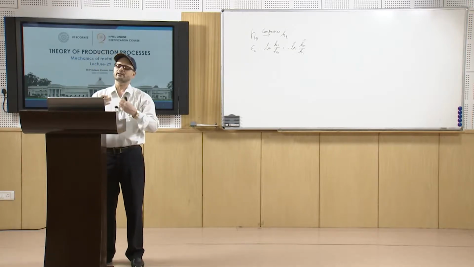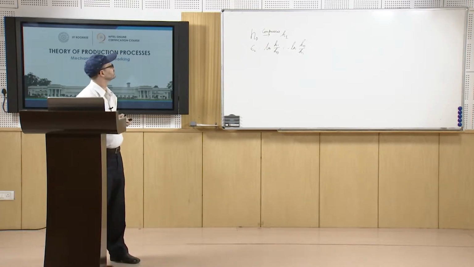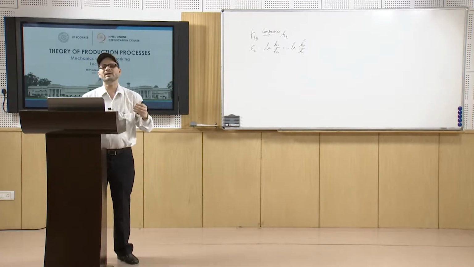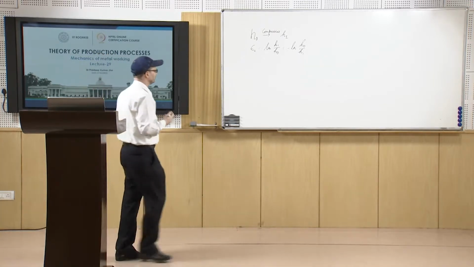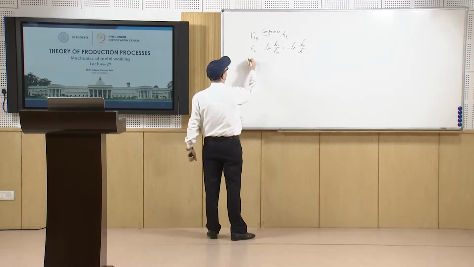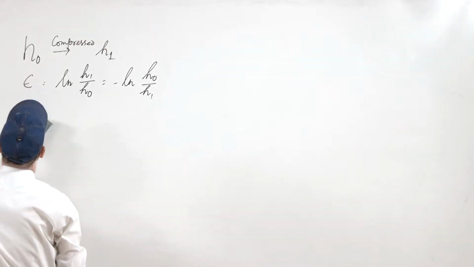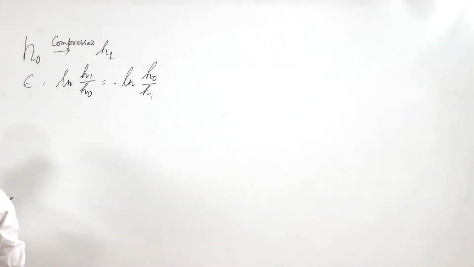Now, if you take the engineering strain in such a case, we simply assume the earlier one is the true strain, when we don't say otherwise. Once we put this convention for compression, we take it as positive.